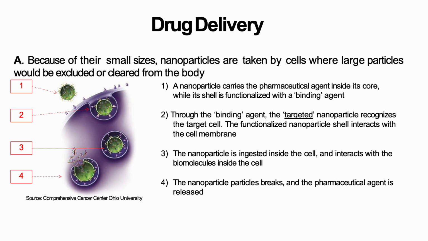Step number 2: through the binding agent, the targeted nanoparticle recognizes the target cell. The functionalized nanoparticle shell interacts with the cell membrane. So at the end of the day, we are looking for ways for our nanoparticles to selectively adsorb to a diseased cell, and then penetrate through endocytosis.